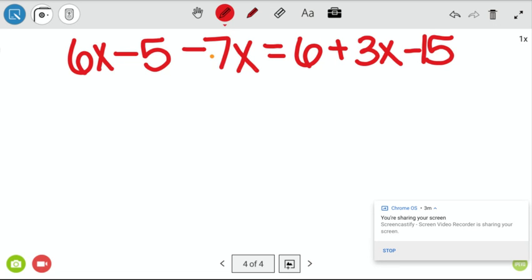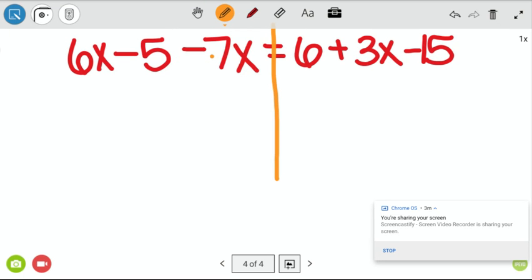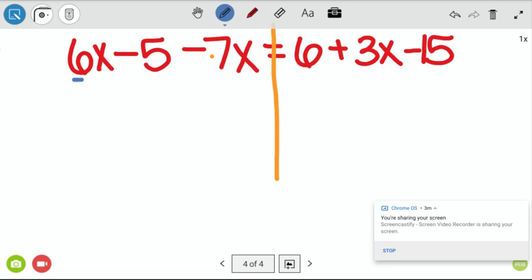Okay, so if we look here, we have lots of things going on, but the same rules still apply. The x terms we want on the left, we have 1, 2, 3 terms with an x. The 6 and the negative 7 are already on the left-hand side of that equal sign, so we just bring down their signs.